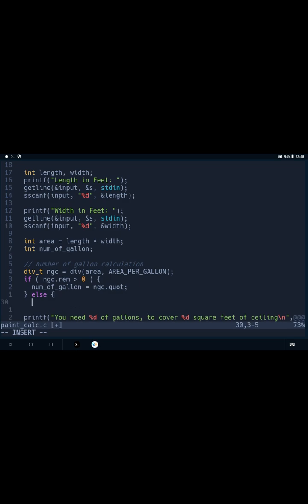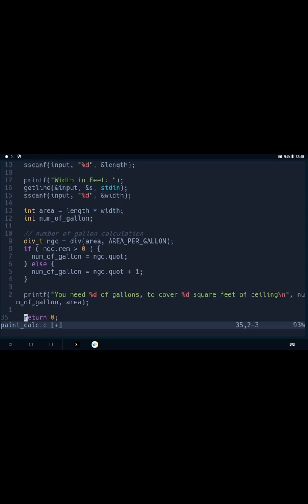Else, the number of gallons should be equal to mgc.quot.